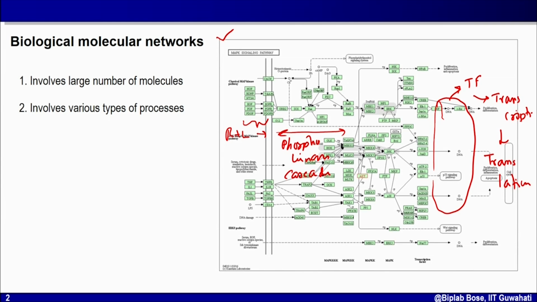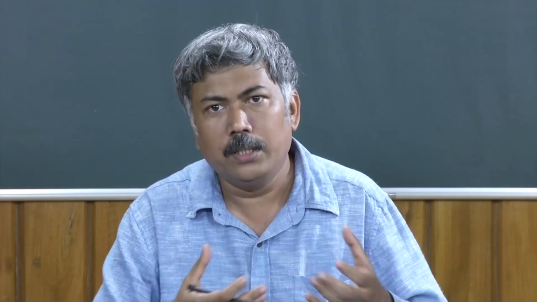Some are ligand receptor binding, some are phosphokinase cascades of reactions, one after another, and then at the end there is transcription and translation. Apart from that, there is obviously degradation of proteins using a particular pathway. So a molecular network which eventually may control, suppose, cell cycle or growth of the cell is made up of multiple molecules involved in multiple processes.